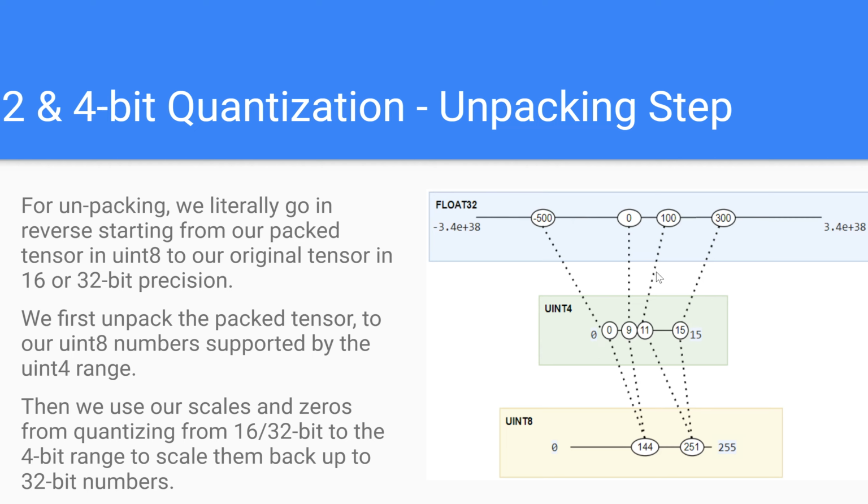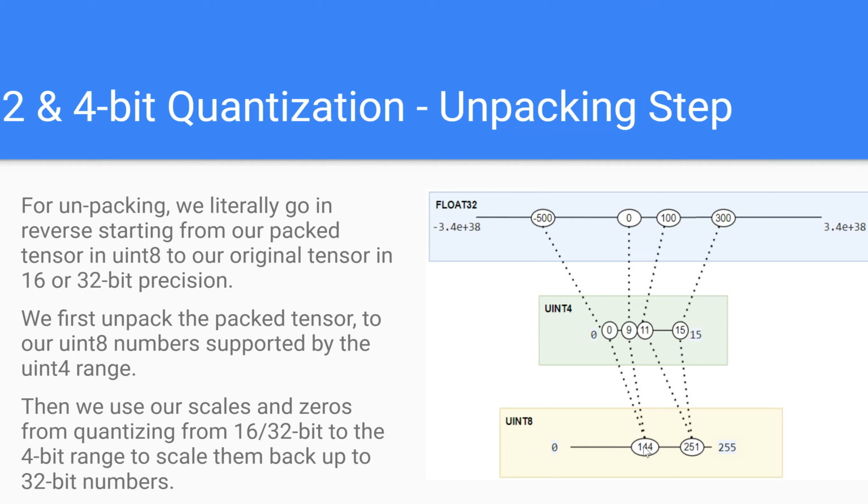Because remember, in symmetric, we have to not only assume that the unquantized range is from the negative of the maximum absolute value number to the positive of that absolute value number, we have to do the same thing with the quantized range. If that was the case, we would have the quantized range being 15 here, and then the minimum be negative 15. But uint4 doesn't support any negative numbers, and so we're not going to do symmetric for that reason. We're going to use asymmetric.